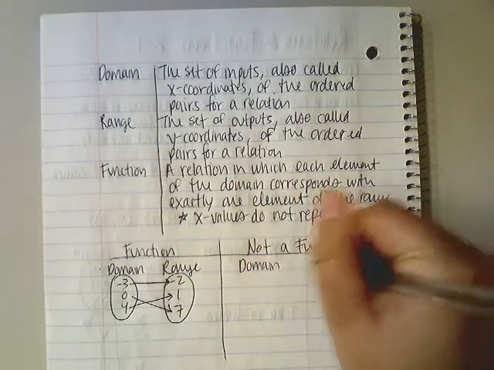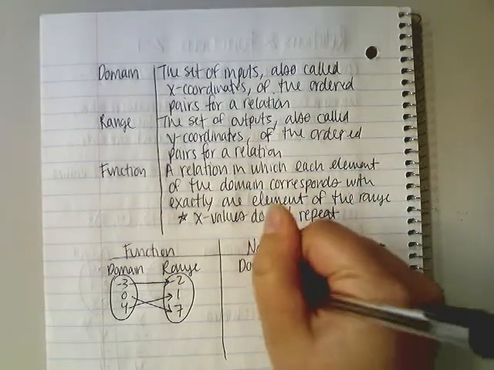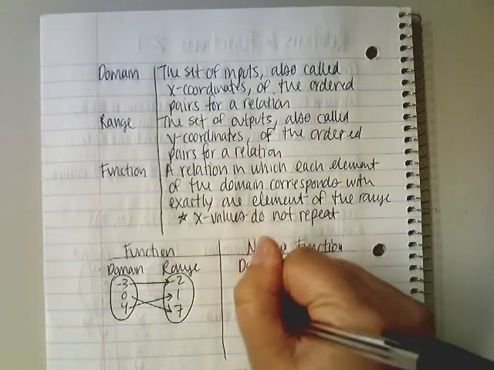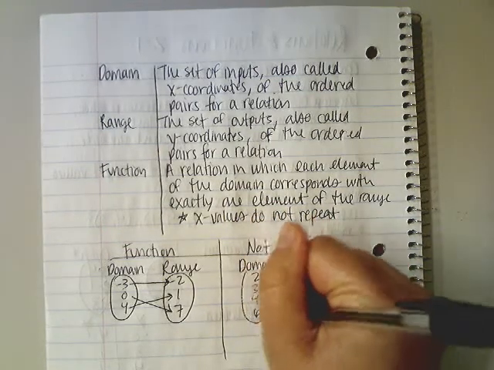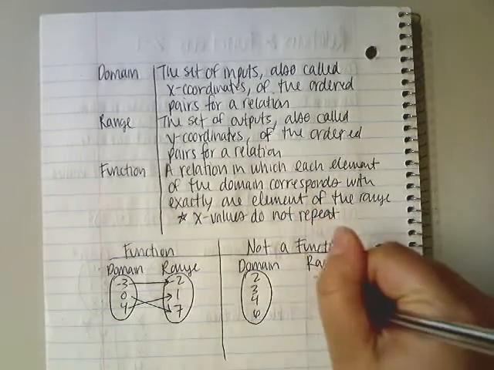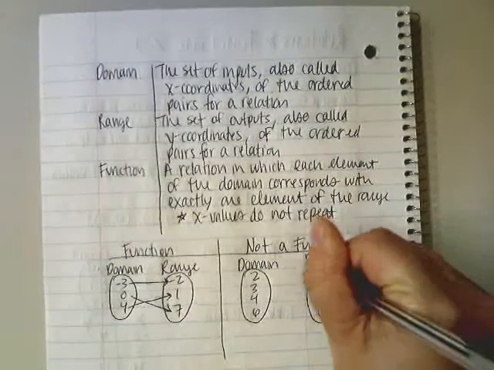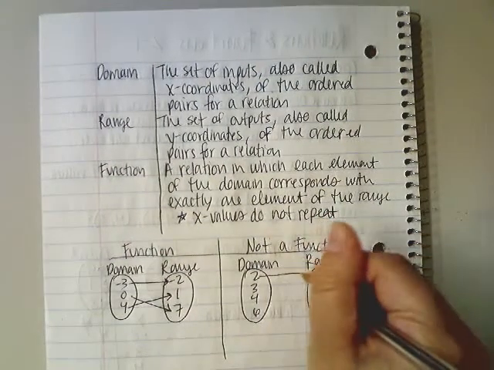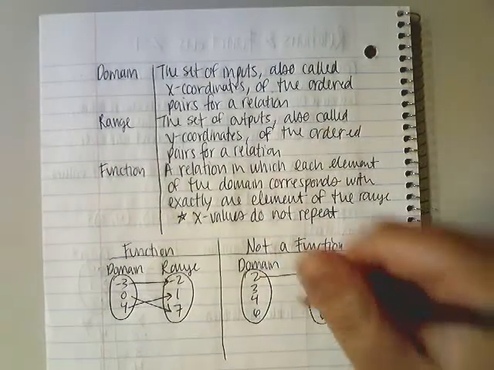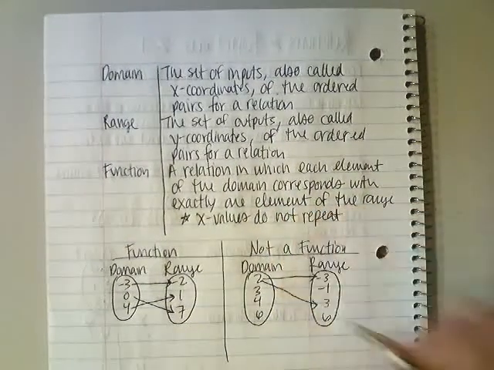For our not a function, as you might guess, we're going to have the opposite. We have 2, 3, 4, 6 in our domain circle, and then we have -3, -1, 3, 6 in our range bubble. And 2 is going to go both to -3 and to +3. That is not allowed.